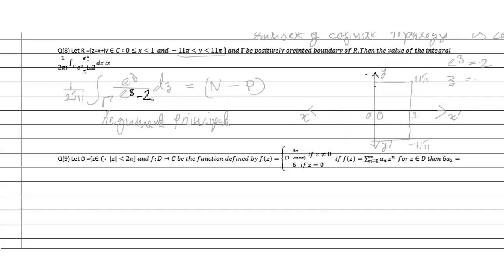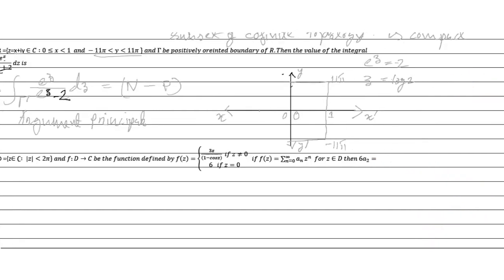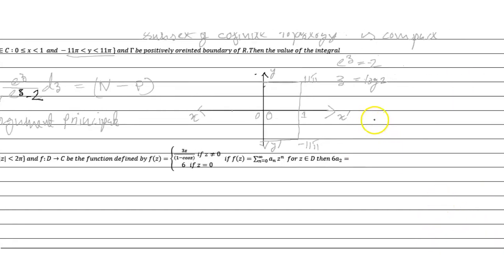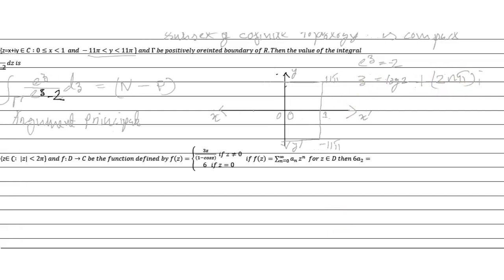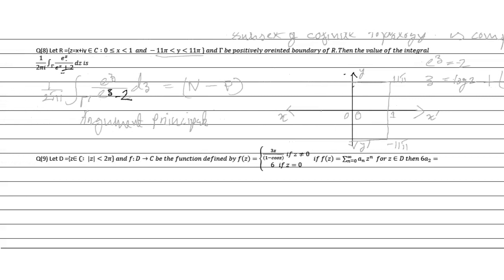So e to the power z minus 2 equals 0, so z equals log 2 plus 2 n pi i. This is the total: z equals log 2 plus 2 n pi i.